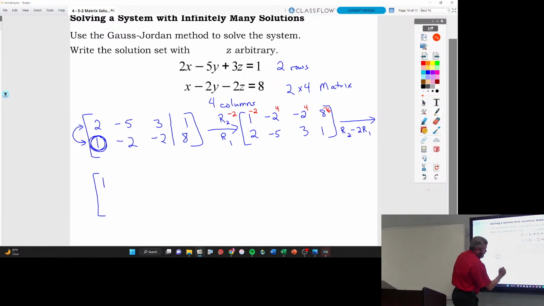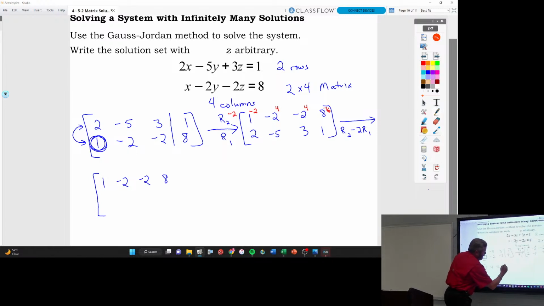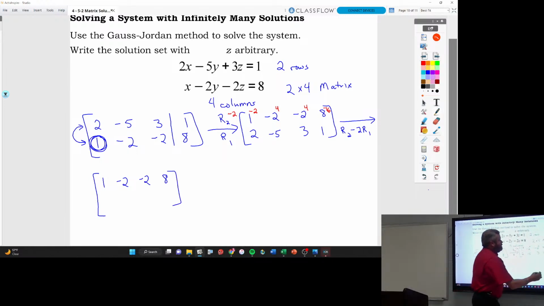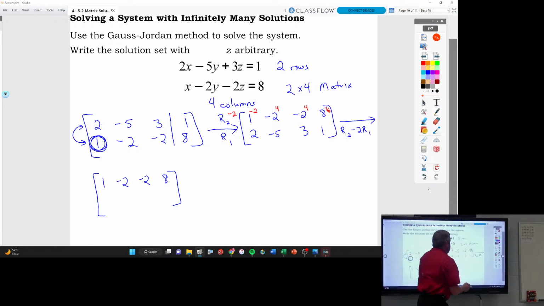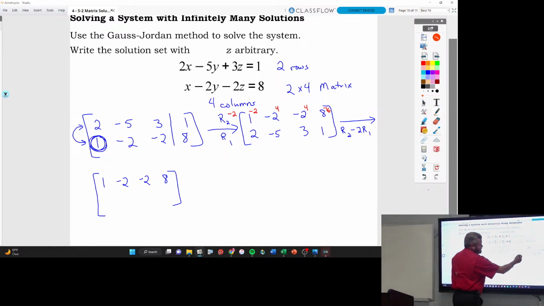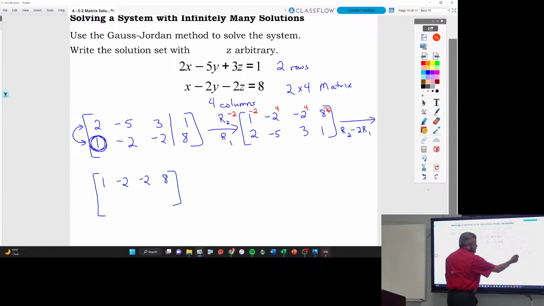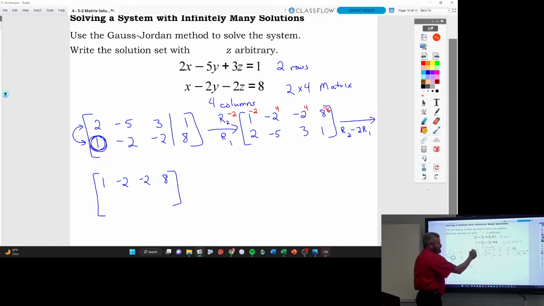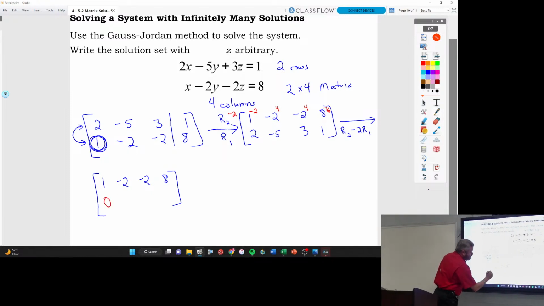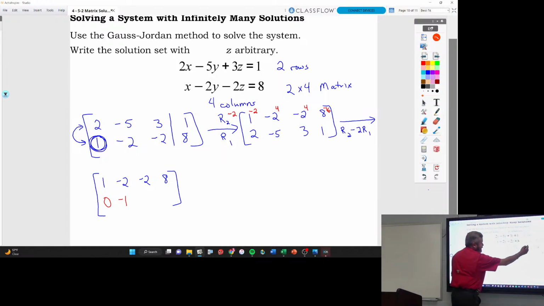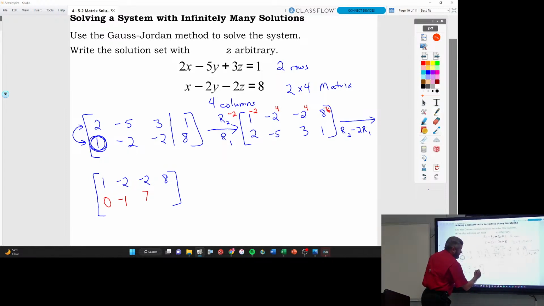It's still 1, -2, -2, 8. But my new row 2 is the combination of this row 2 of 2, -5, 3, and 1 with my red row 1 up there. So 2 and -2 give me 0. -5 and 4 give me -1. 3 and 4 give me 7. 1 and -16 give me -15.